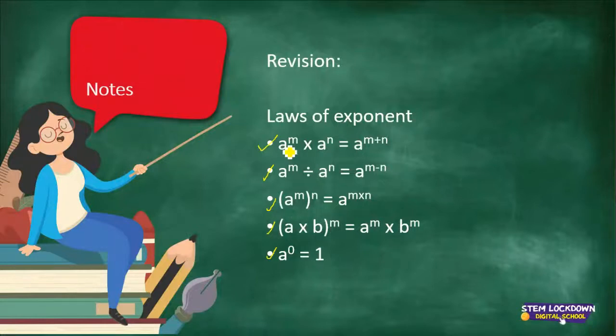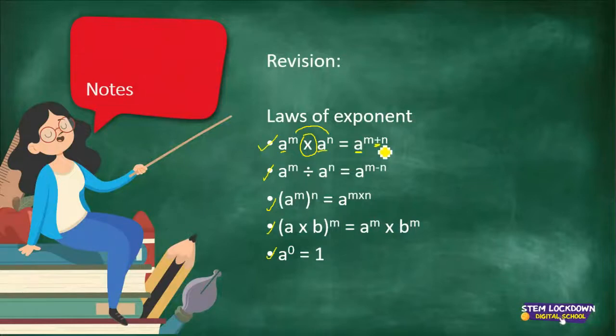Now the first rule says if your bases are the same and we are multiplying, the powers must be added. So the powers are added, as you can see there. But obviously, the base must be the same.